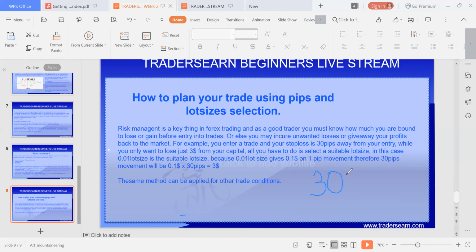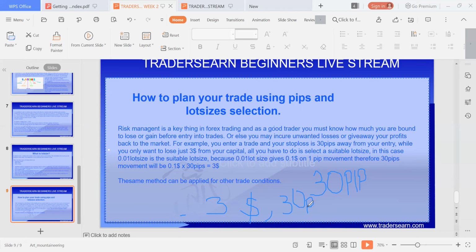After doing your calculation, after doing your trade plan, you want to lose just $3. You don't want to lose more than $3. And your stop loss is 30 pips.